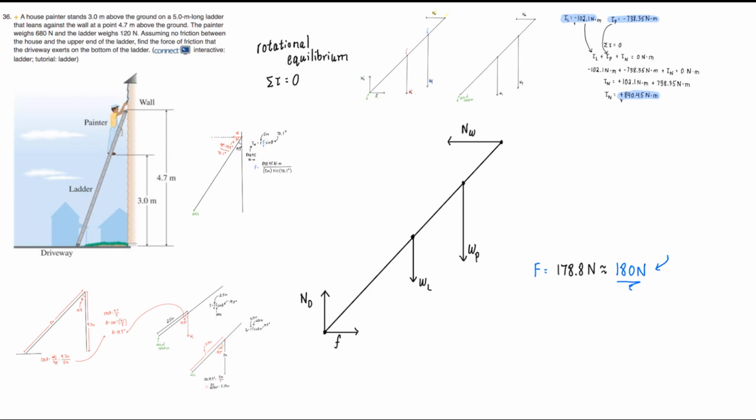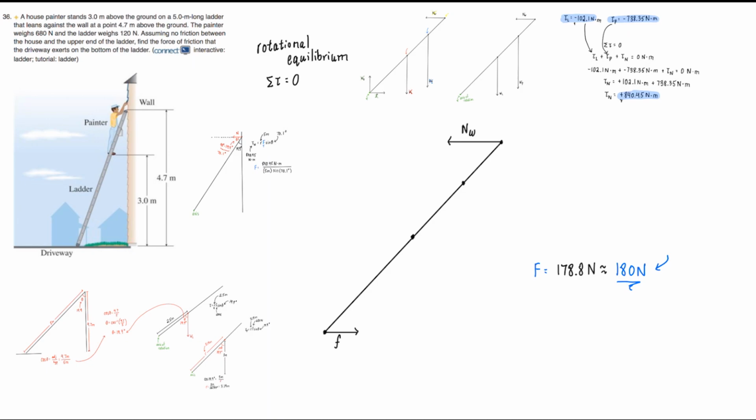More specifically, let's look only at the forces acting on the ladder in the x direction. So we can ignore all the forces in the y direction, so I'm just going to go ahead and erase all of those. The only two forces we have acting on the ladder in the x direction are the normal force at the top of the ladder and the frictional force at the bottom of the ladder that we're trying to find.